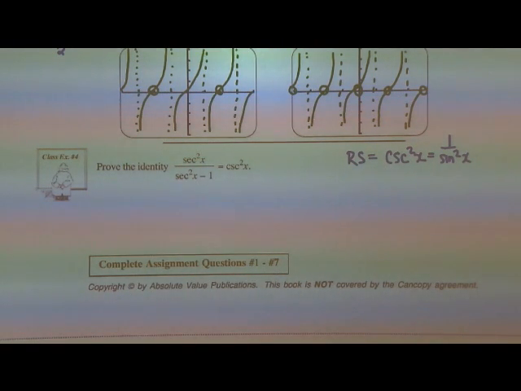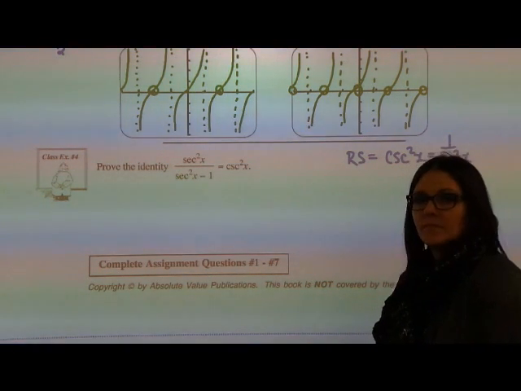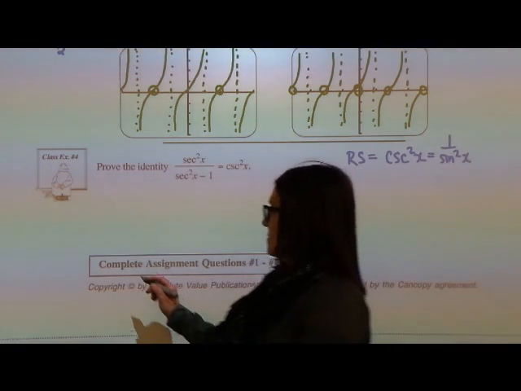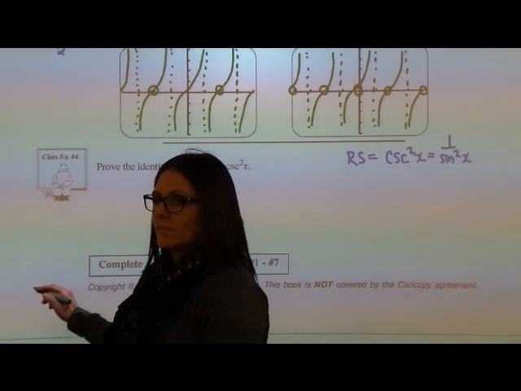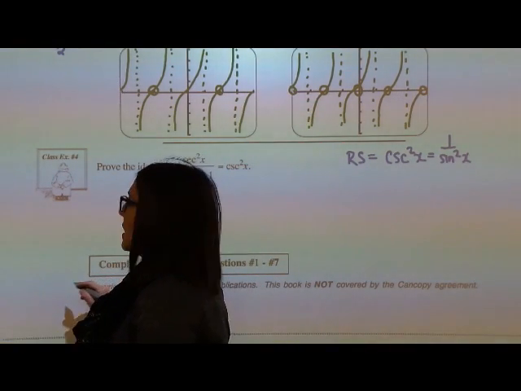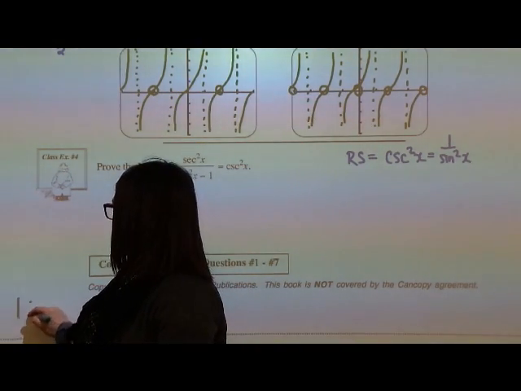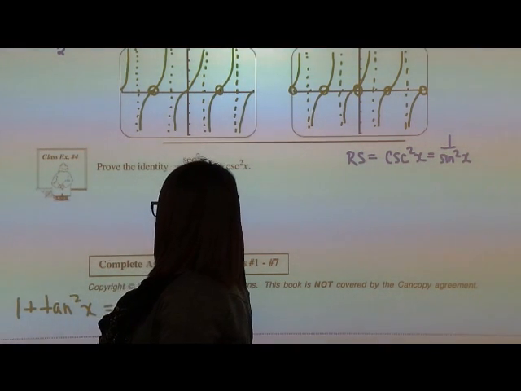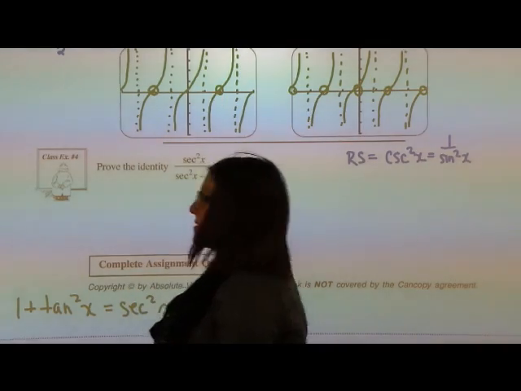Do you have a Pythagorean identity that deals with secant? What is it, Rachel? Is it something like 1 plus tan squared x equals secant squared x?